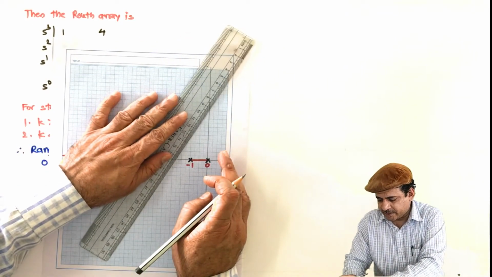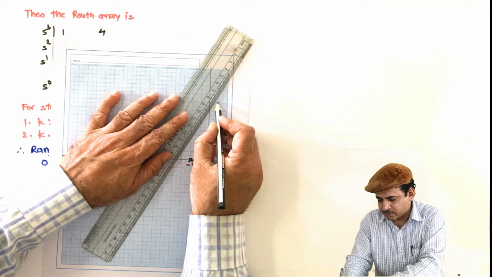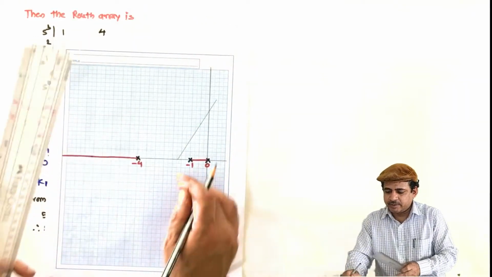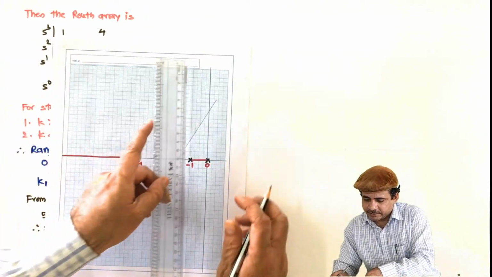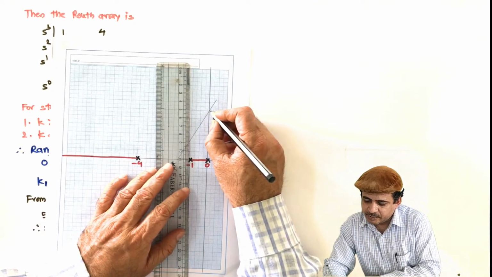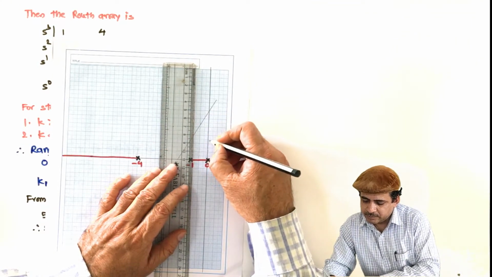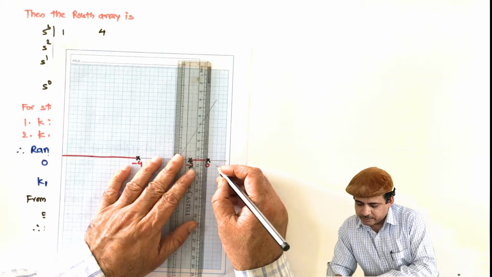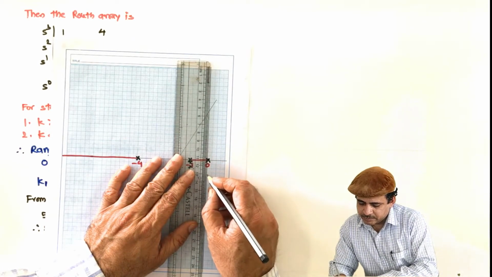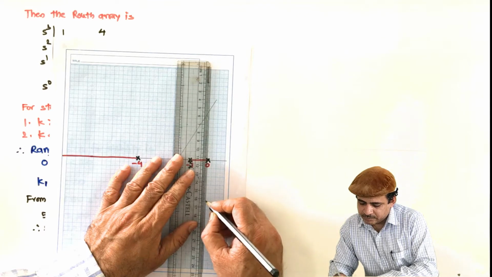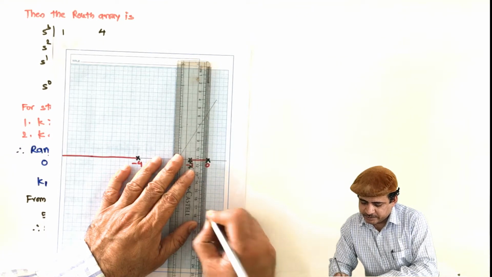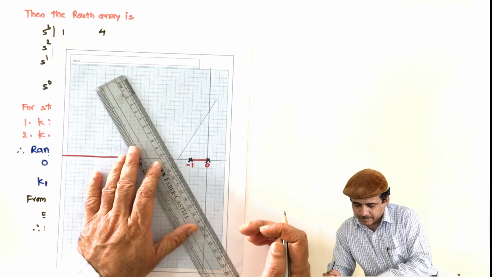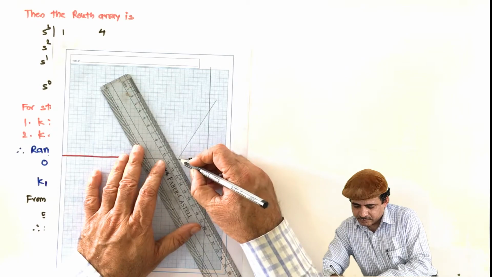I will mark it by pencil because this is not part of the root locus. So this is the first asymptote, the second will be with this axis, and the third we will get at equal distance because it is symmetric about the real axis.